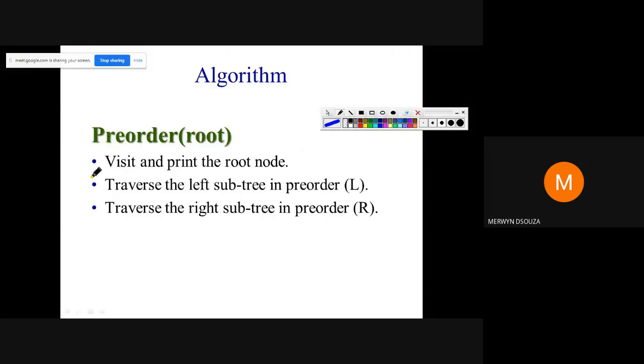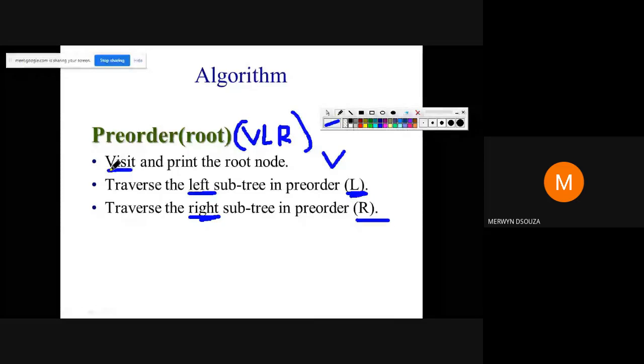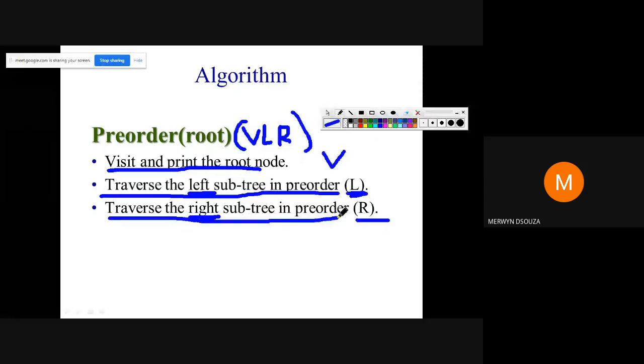Pre-order means you remember this word visit, that letter V. Then you have to traverse the left subtree, so L. Then you have to traverse the right subtree, so R. Pre-order means you will have to remember V, L, R. V stands for visit, L stands for left subtree, and R stands for right subtree.